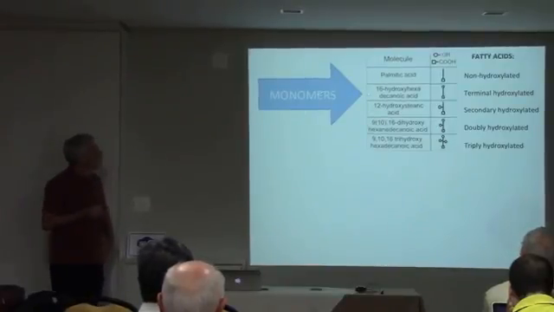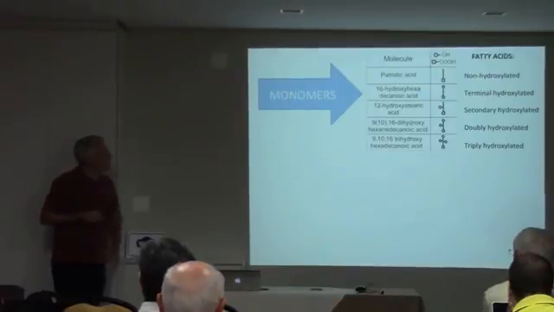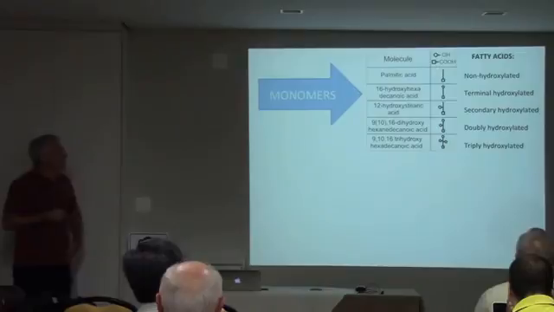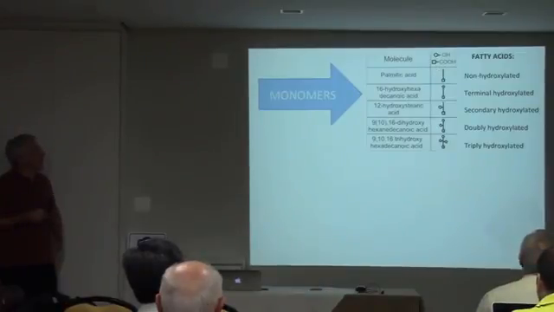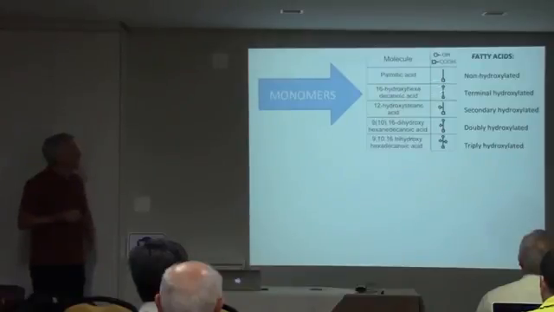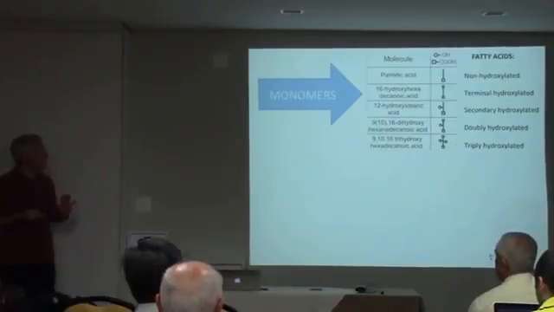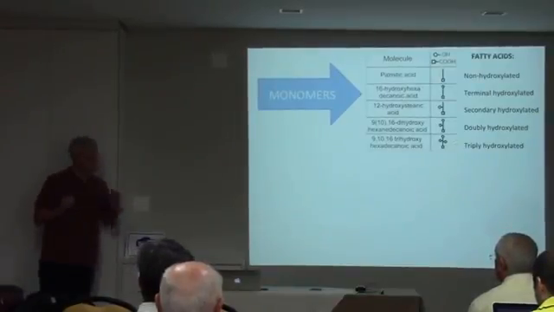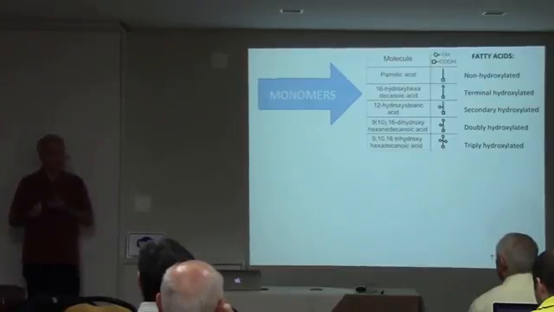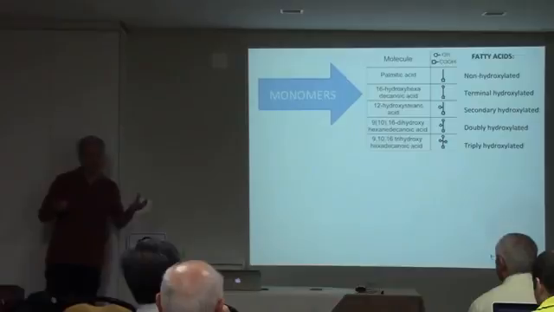Just reminding the monomers that we have considered in this study, including one of them which is palmitic, which doesn't have a hydroxy group, and all the others have a specific hydroxy group in strategic positions. We have examined the position of this hydroxy group to understand its role in the process.